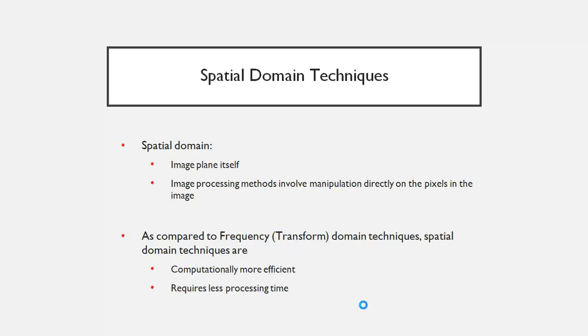And when we transform the image from spatial domain to, for example, frequency domain, and then we apply some techniques like filtering in frequency domain, those are called frequency domain techniques, and later the image from the frequency domain is converted back to spatial domain. We go for such techniques because sometimes they are computationally more efficient, and sometimes they require less time for processing. But we will be coming to frequency domain techniques in the later sequence.